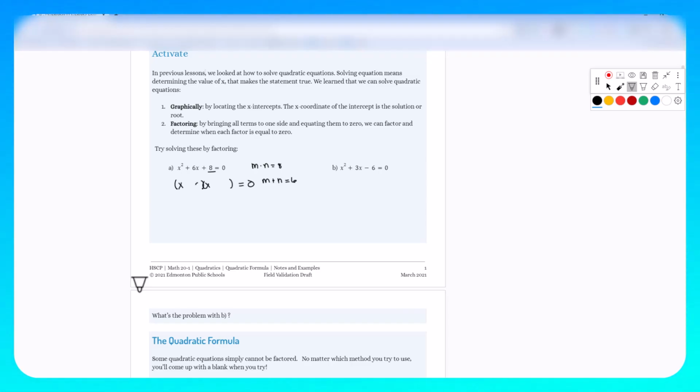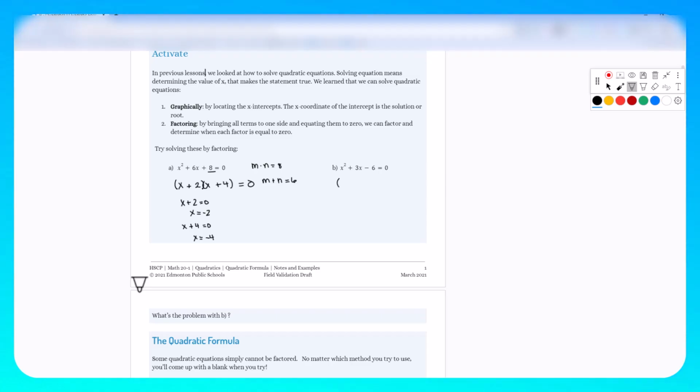Well, we know that 2 times 4 equals 8, and 2 plus 4 equals 6. So here are our factors, which means the solutions are when x plus 2 equals 0, and that is when x equals negative 2, and the other solution when x plus 4 equals 0, and when x equals negative 4.